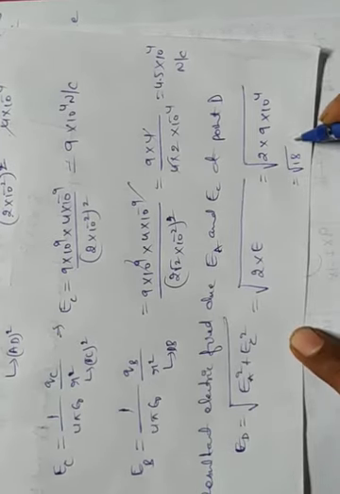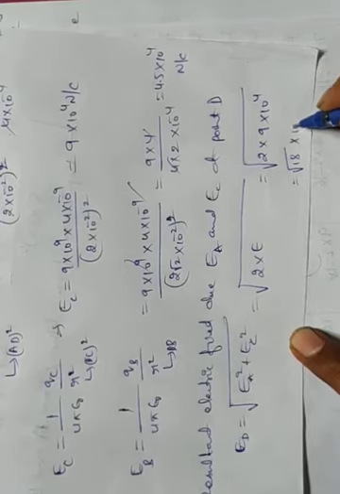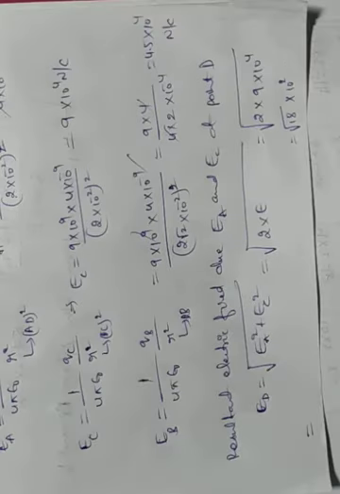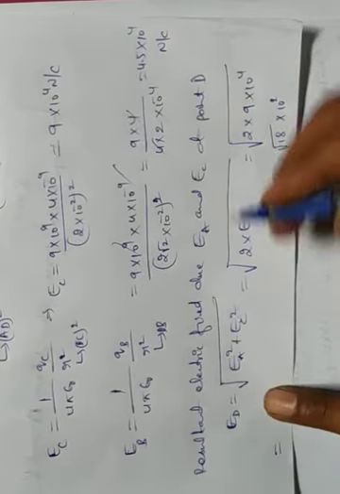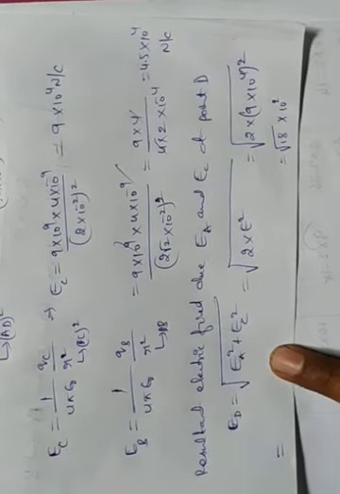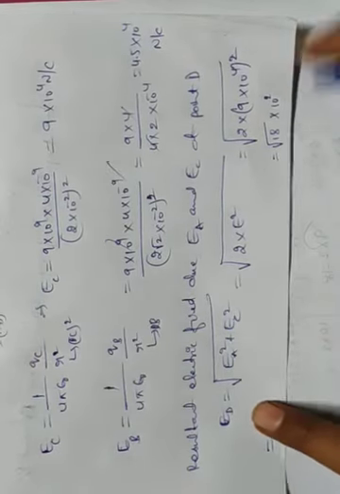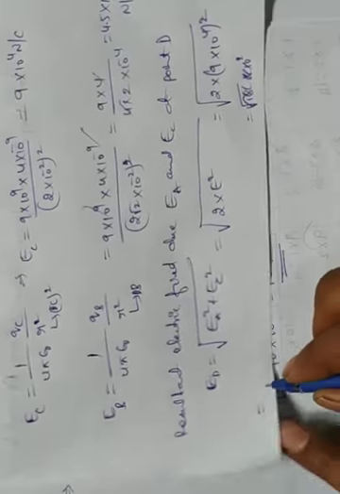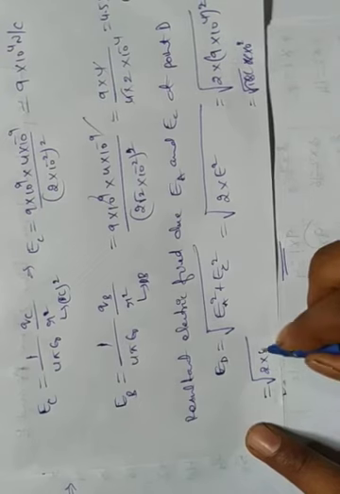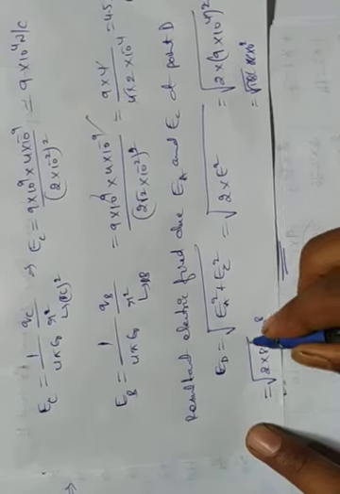Here square is there, so it becomes whole square: square root of 2 into 9 square, which is 81, into 10 power 8.